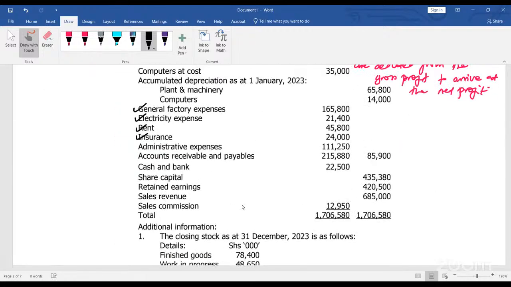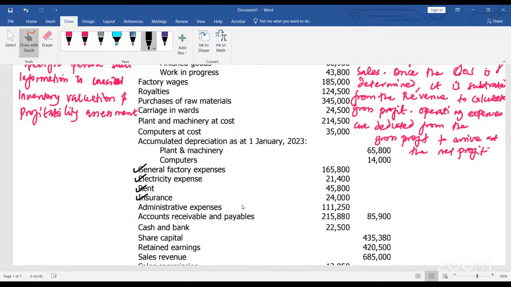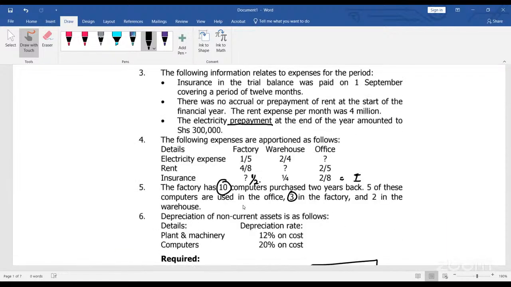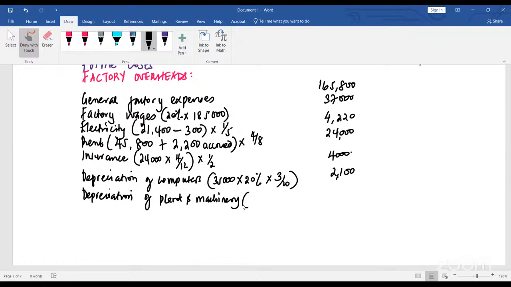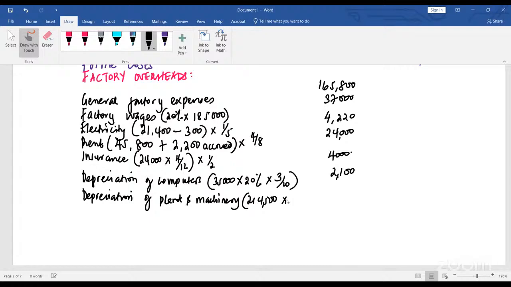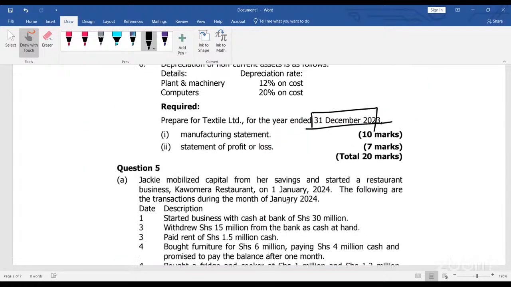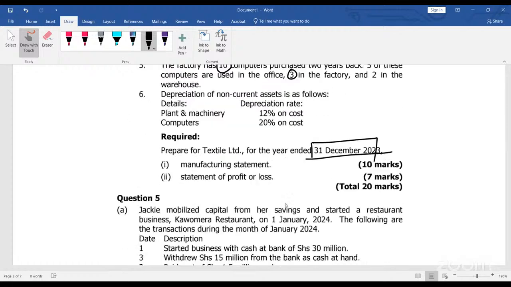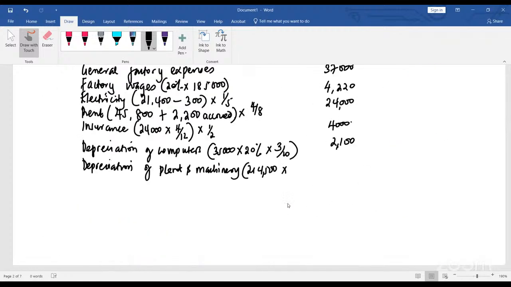How much is the cost of plant and machinery? That is 214,500. What is the depreciation rate? The depreciation rate per annum on machinery is 12% on cost.